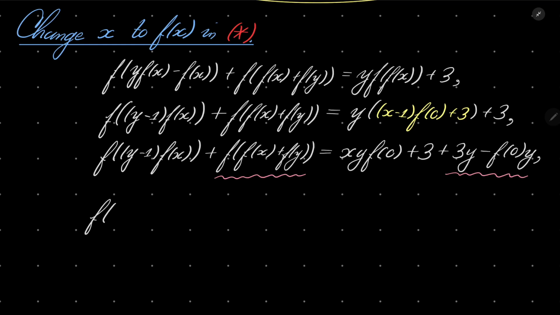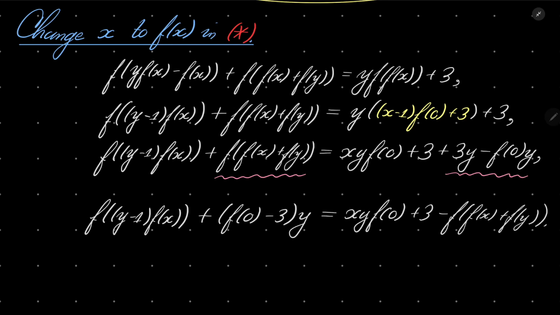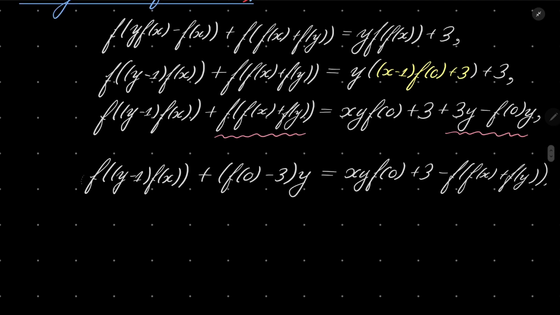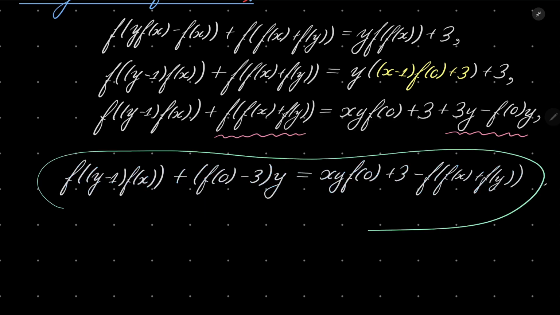We get the following. f of ((y minus 1) times f of x) plus (f of 0 minus 3) times y equals xy times (f of 0 plus 3) minus (f of x plus f of y). Very well. And maybe I will put it in green ellipses.